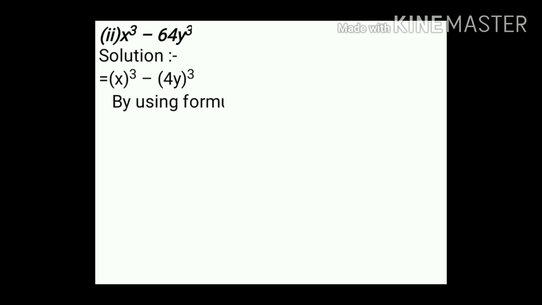By using the formula a cube minus b cube equal to (a minus b) in another bracket a square plus ab plus b square, we have to find the factors of the given expression.